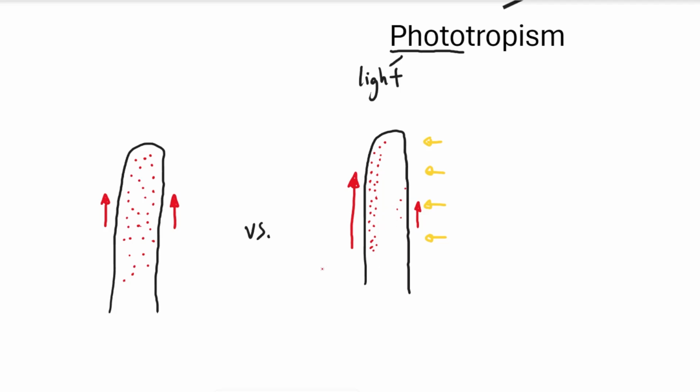So this time I've got an uneven distribution of auxins, leading to an uneven rate of growth in the shoot. Over time the left-hand side is going to grow a lot faster, therefore causing the shoot to bend towards the light because of the extra auxins on the shaded side. So this is phototropism, and we can see this in pretty much all plants.